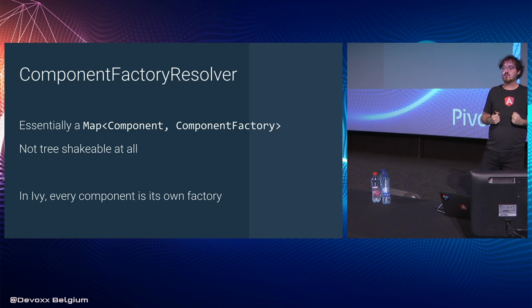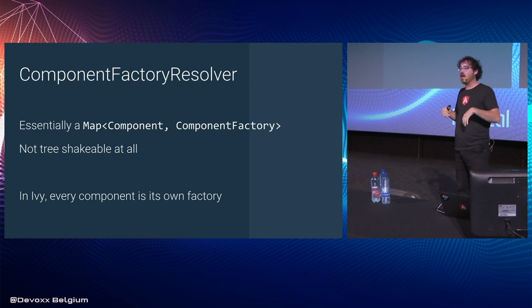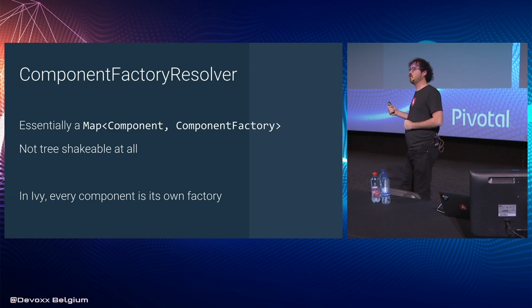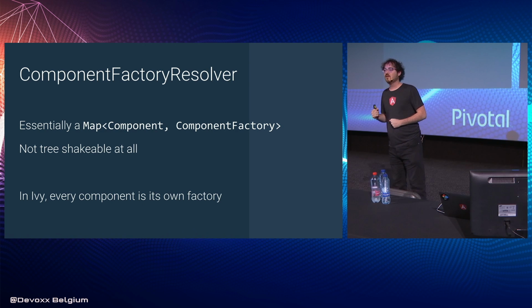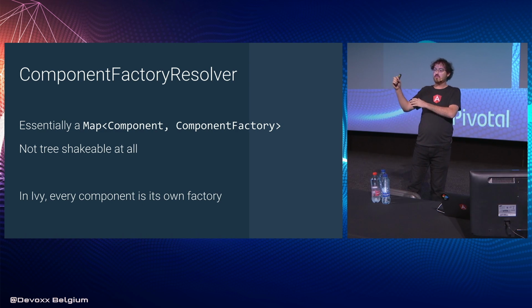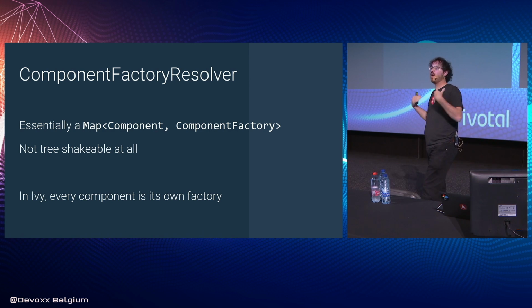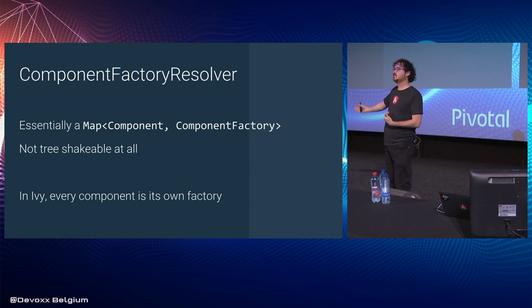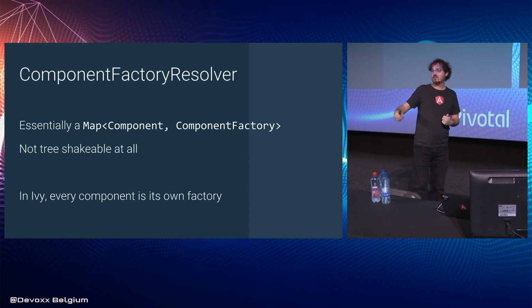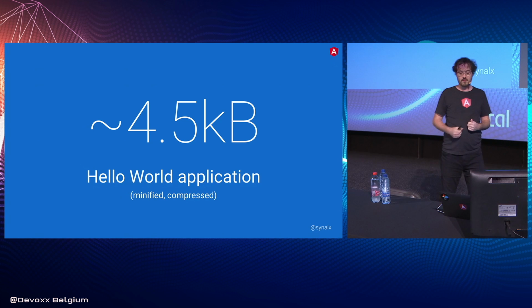You can't tree shake the map or anything in it. And Ivy avoids this problem entirely by avoiding having the map in the first place. In Ivy, as I said, we've taken what used to be in the ng factory and moved it to a static field on the component. So if you have the component, you already have a reference to the factory. You don't need to go through any map to get there.